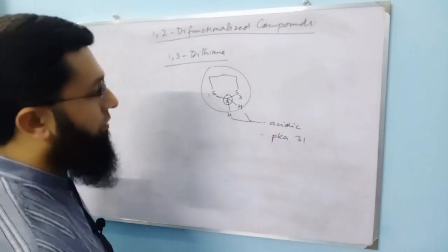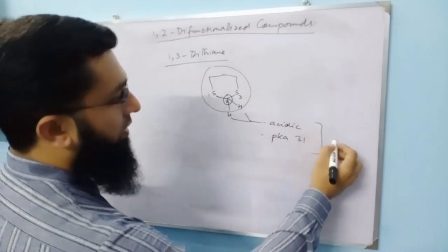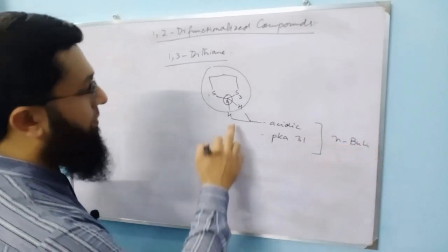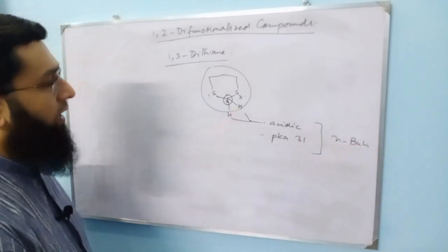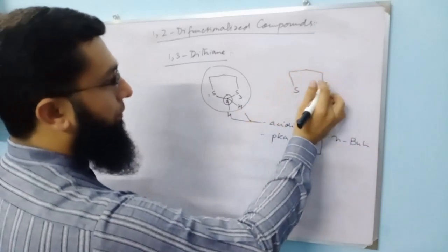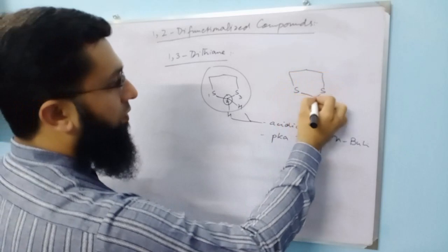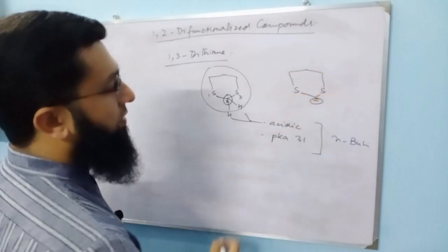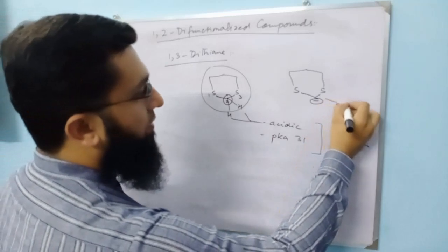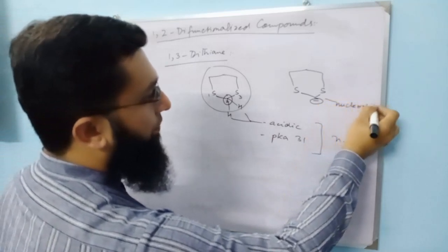So if we use a strong base, for example n-butyl lithium, we can abstract the proton from here, and as a result of abstraction of proton, this anion is formed, and this anion can be used as a nucleophile.